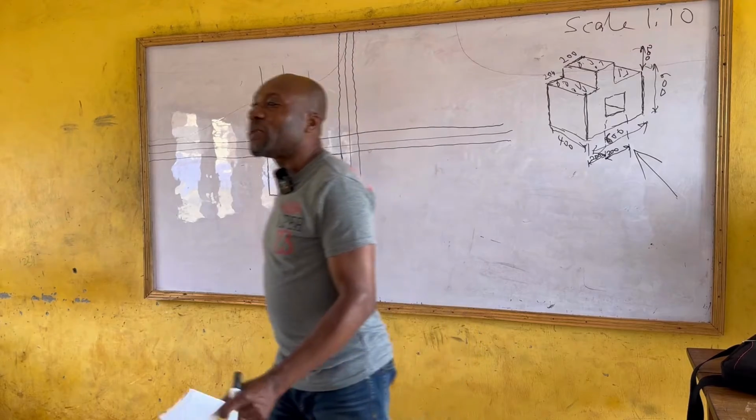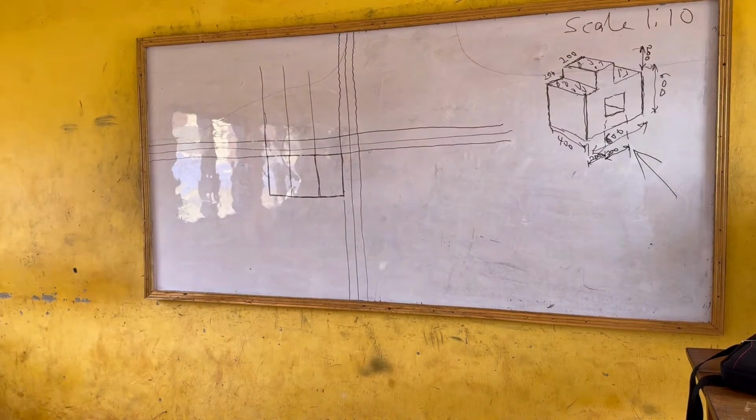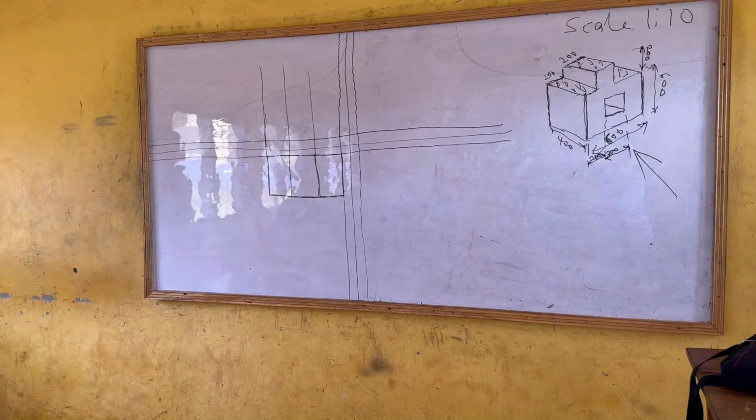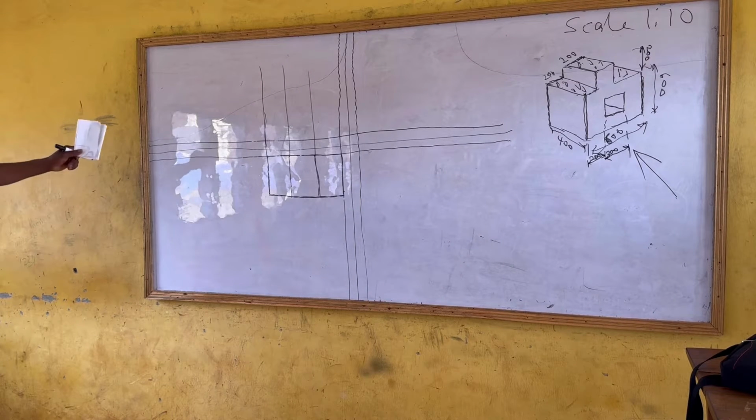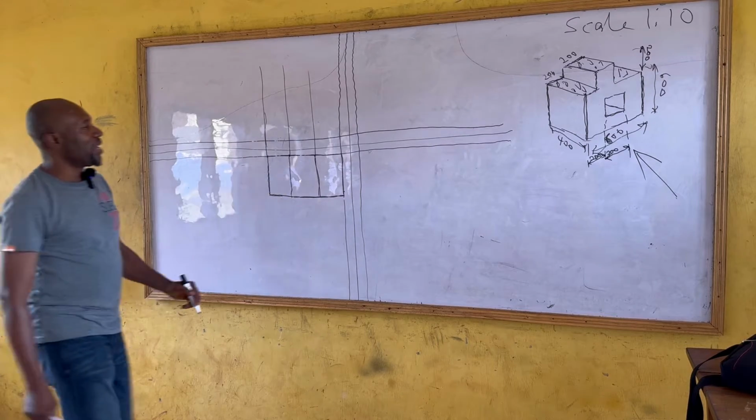The end elevation or the end view is the last part of it. So we are going to draw the front view before the end elevation. Is that clear? Good. So now we have this.